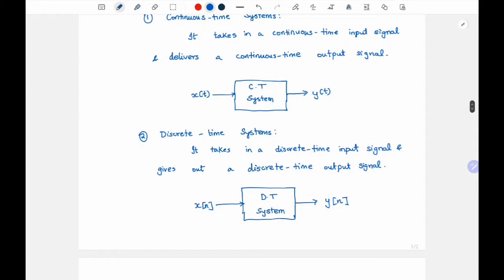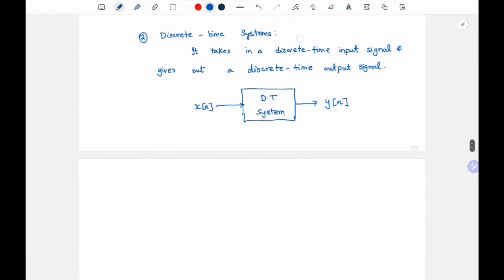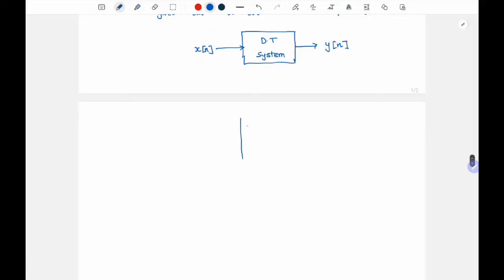If there are more than one input signal, there can be more than one output signal also. So there can be x1 of t, x2 of t, and so on, xn of t. And the output can have y1 of t, y2 of t, and so on, ym of t.